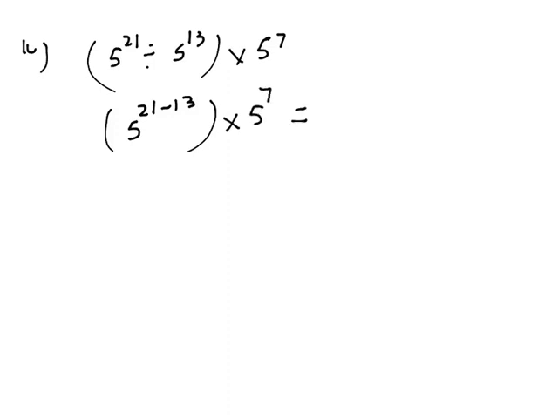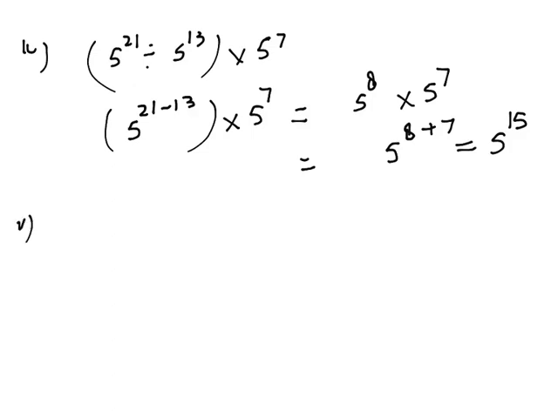So 21 minus 13 gives us 5 raised to the power 8 times 5 raised to the power 7. Now we have base same and multiply, so powers will get added. So we will get 5 raised to the power 8 plus 7, which gives us 5 raised to the power 15. So this is how we solve the question step by step.